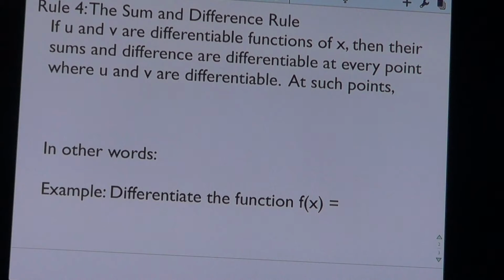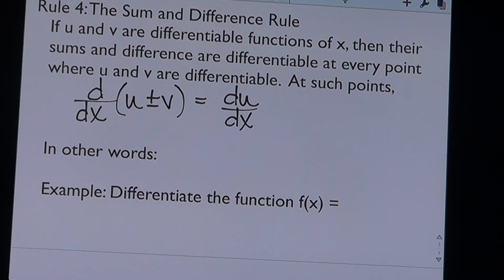Which says if u and v are differentiable functions of x, then their sum and difference are differentiable at every point where u and v are differentiable, and at such points the derivative of u plus or minus v equals the derivative of u plus or minus the derivative of v.